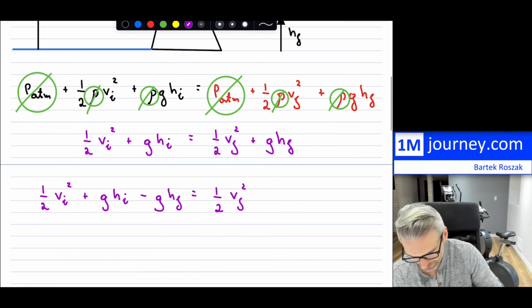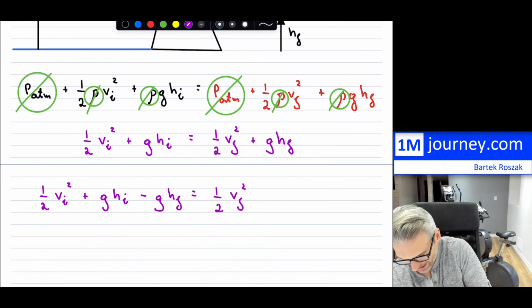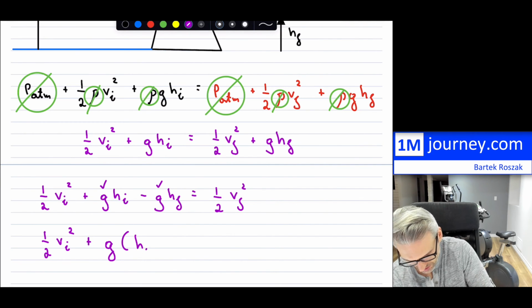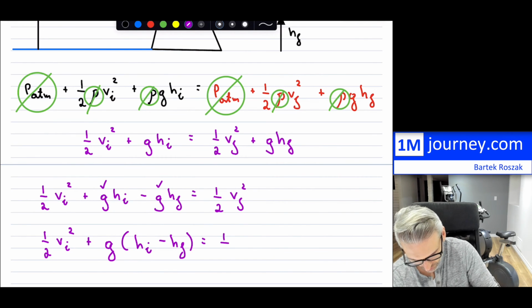Now, notice what happens in here. What I have is 1/2 v_i, so the initial speed, squared, plus, now notice I have a g and a g in here. So I'm going to factor this out. This is going to be g times h_i minus h_f, which is equal to 1/2 v_f squared.